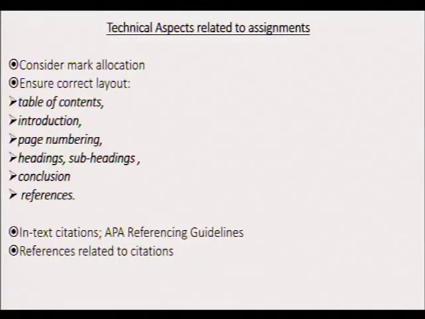You have to ensure that your assignments have the correct outline, your table of contents, your introduction, your page numbering, your headings, your subheadings, your conclusions, and your references. I'm sure that you are all familiar with these technical aspects around the assignments, especially also text citations.